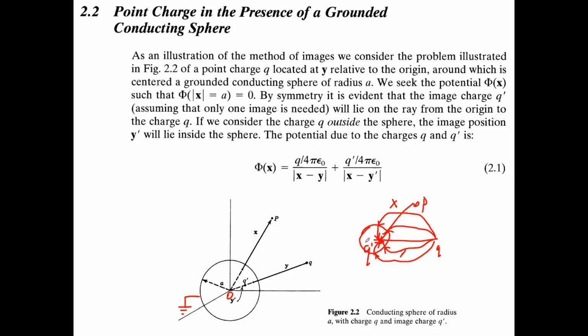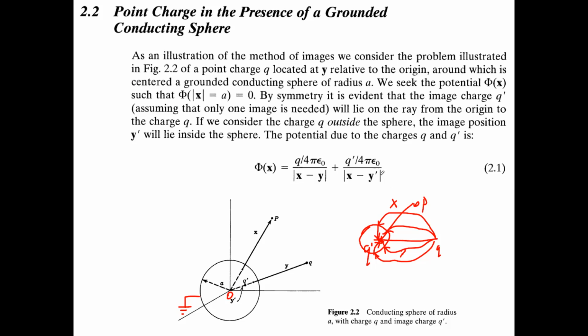And for the phi generated by Q prime, it's the distance between X and Y prime, which is the position of Q prime and the position of P, and then Q prime over that distance over 4 pi epsilon. So by using these two Coulomb equations, you can calculate the sum of the phi.